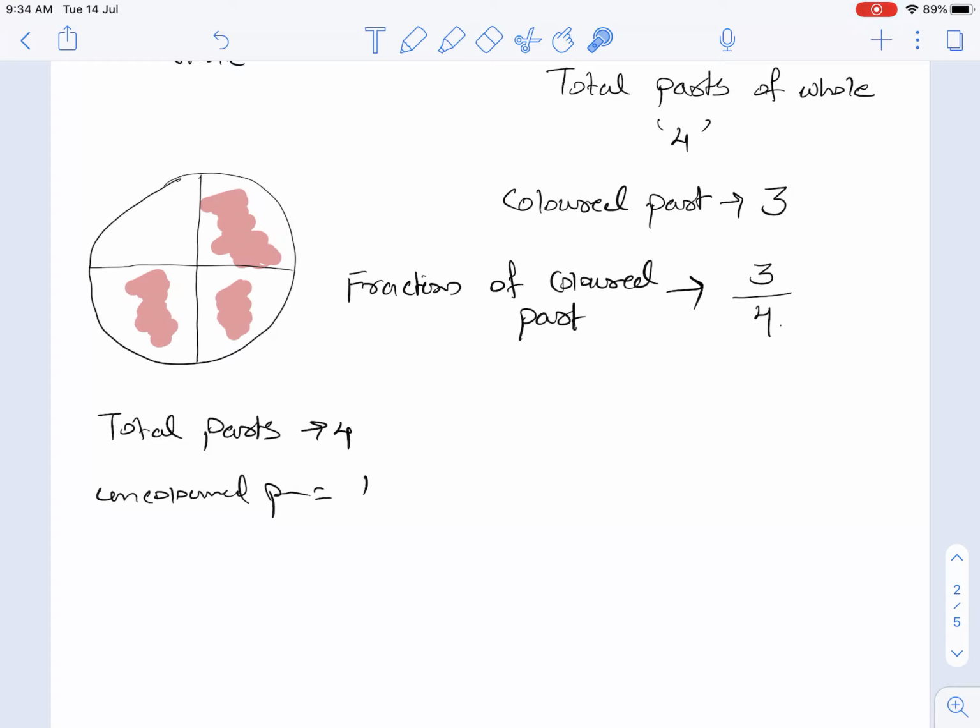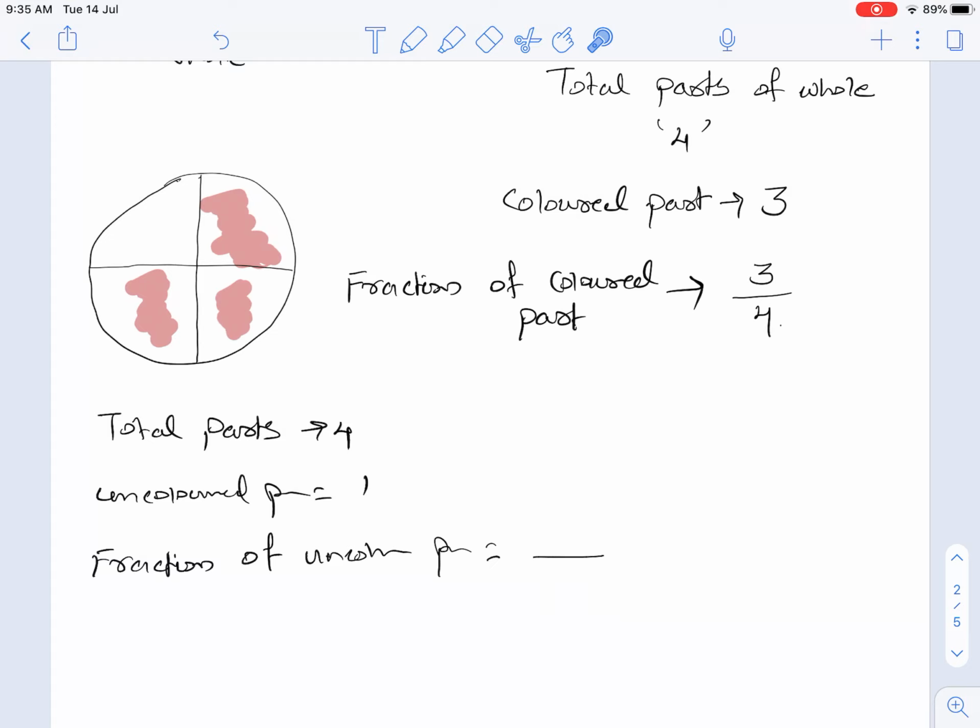Now if I want to write the fraction of this uncolored part, how to write it? Fraction of the uncolored part equals, now we have to write it in terms of a fraction. A fraction consists of a numerator and a denominator. In the denominator we always write the total number of parts.